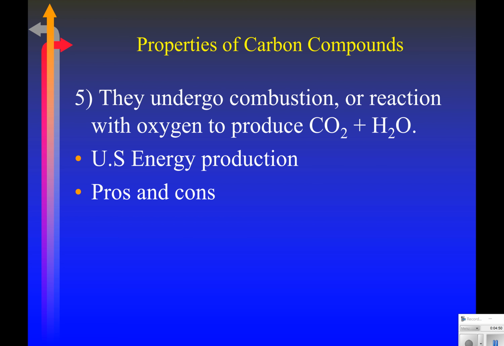Carbon compounds undergo combustion, which is a type of organic reaction, which we'll learn more about later in this unit. It uses oxygen to produce carbon dioxide and water, and, which is not indicated here, a whole lot of heat. We use these carbon compounds through combustion to produce a lot of the energy used in the United States, whether that is through a carbon-containing compound like coal, natural gas, or propane.